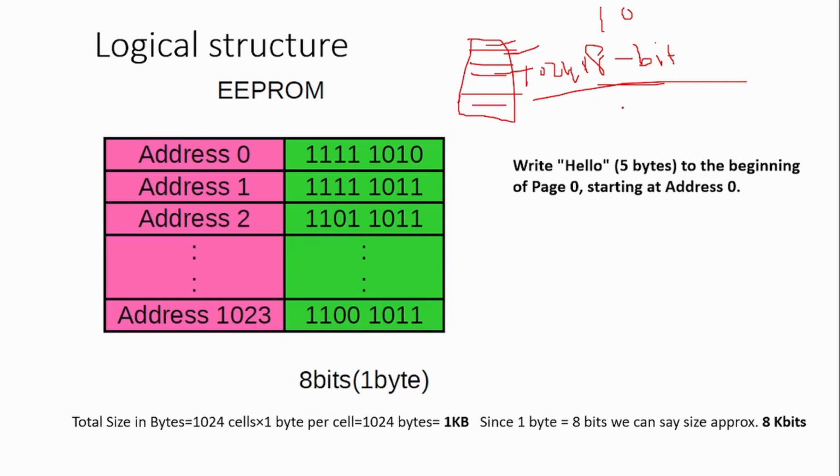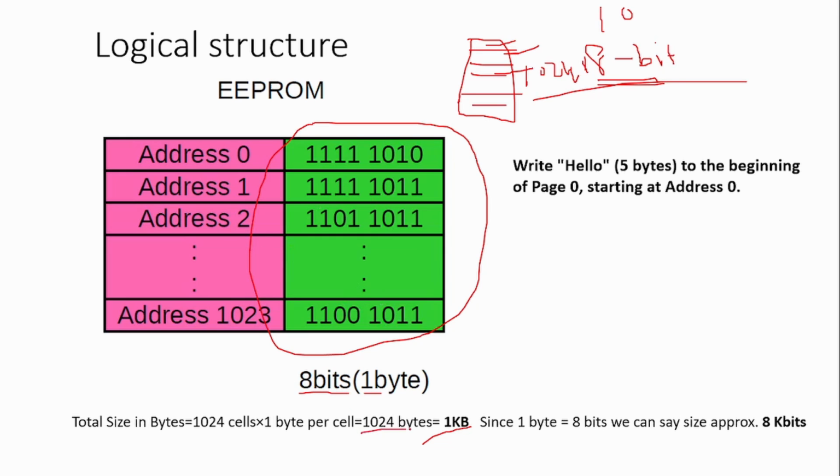Now let us convert this 8 bits into bytes. We all know that 8 bits is equal to 1 byte. So if you consider this page as an EEPROM, then the size of this EEPROM would be 1 KB, because each row has 1 byte and here 1024 addresses are there.